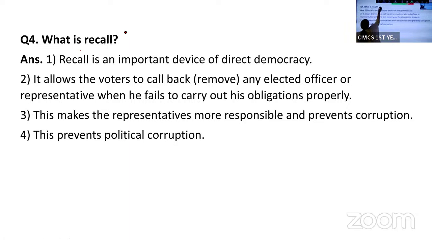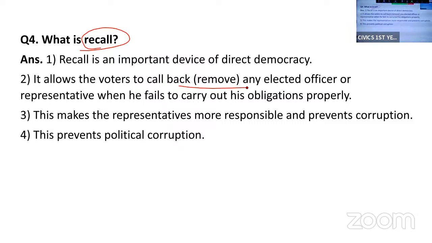Yesterday, when we did direct democratic devices, I told you recall means call back or remove. So it is one of the devices of direct democracy. Here, the elected representatives, if they fail to perform their duties and obligations properly, then they can be called back or removed.